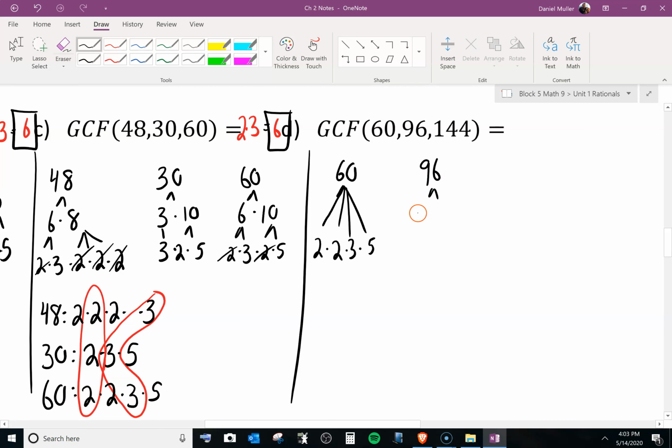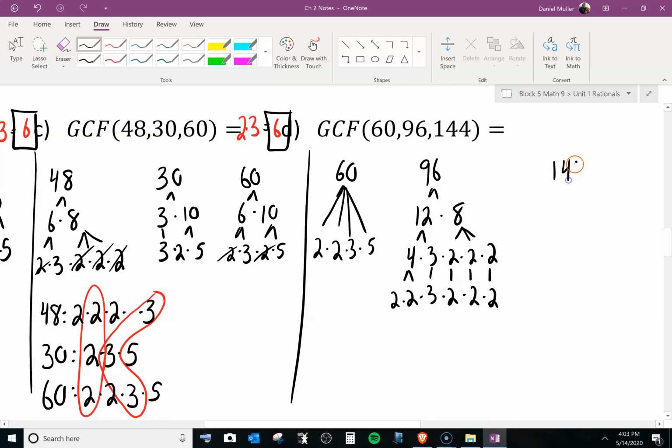So I can take that, and that's, what, 12 and 8? 12 is a 4 and a 3, and 8 is going to be 3 2s. 1, 2, 3. And that 4 is going to be a 2 and a 2. And then these can all carry down, the 3 and then the 3 2s.